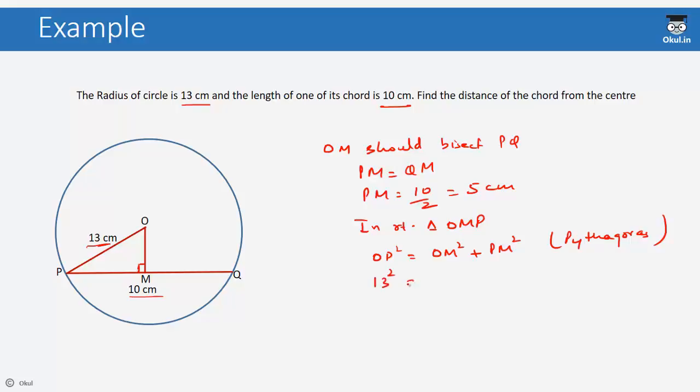So 13 square is equal to OM square, which we have to find, plus 5 square. So OM square is equal to 169 minus 25, that is 144. So OM is equal to 12 centimeters. So the distance of the chord from the center comes out to be 12 centimeters.